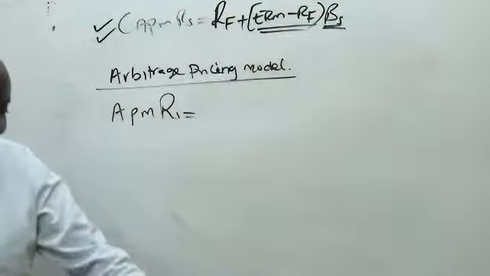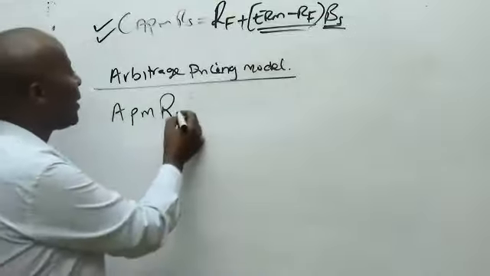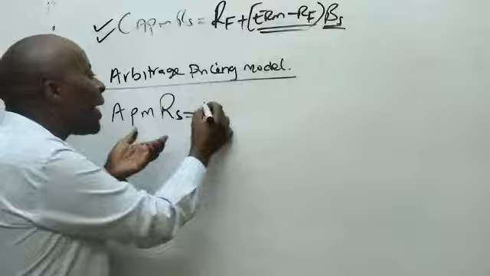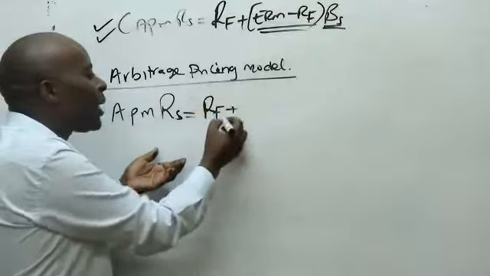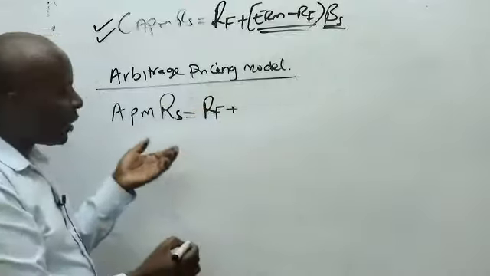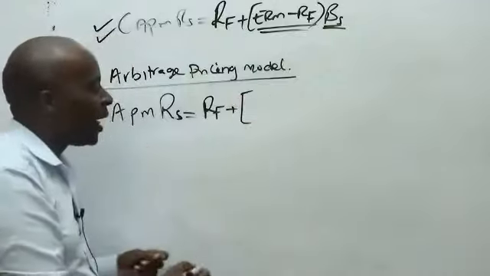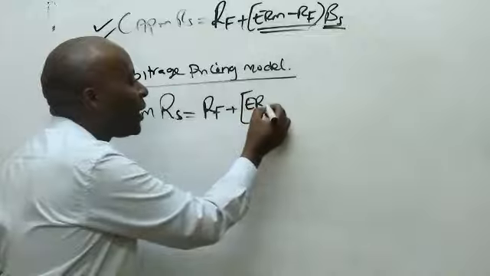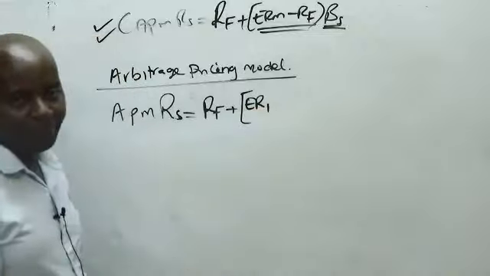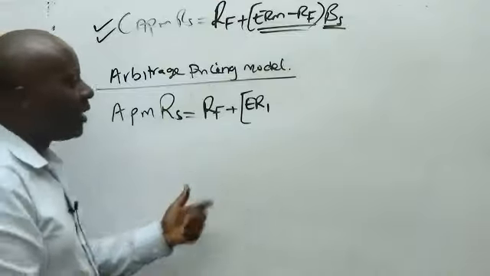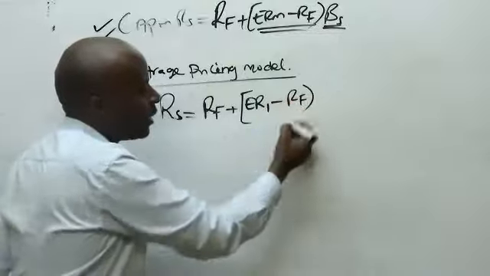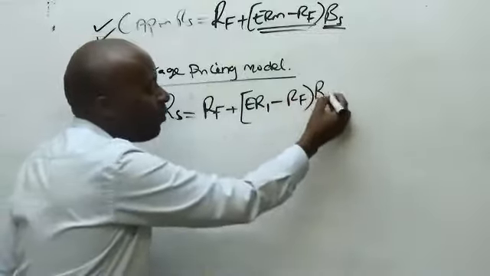Okay, let me just remind you. To get the APM returns, ladies and gentlemen, we must always start with what we call risk-free. So once I have my risk-free, I will come inside here. Now talk of expected returns given factor 1, minus risk-free, and then of course we have beta of factor 1.